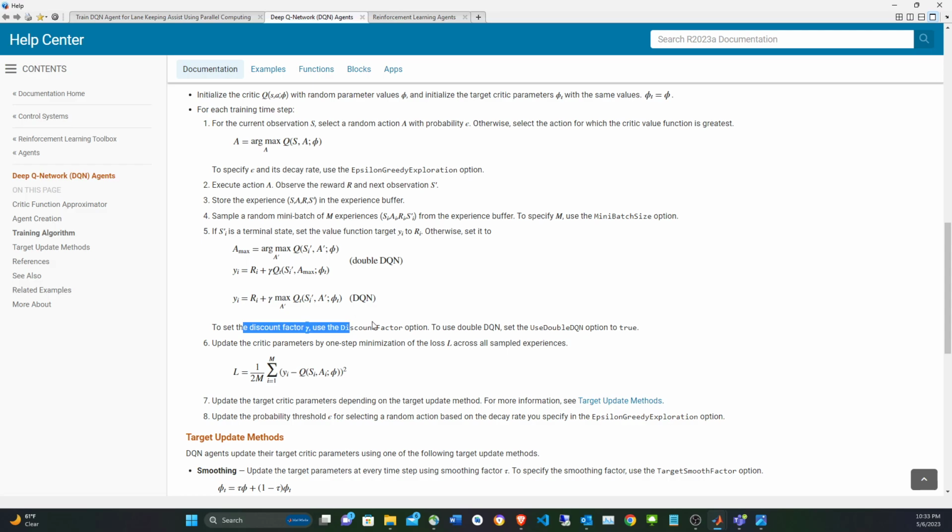This discount factor is configured also in the agent. It's basically that the more time passes, the less reward you get. It reduces the reward as time passes by, and that basically is a way to say to the agent, hurry up, try to finish as soon as possible, because the more you take, the less reward you get.